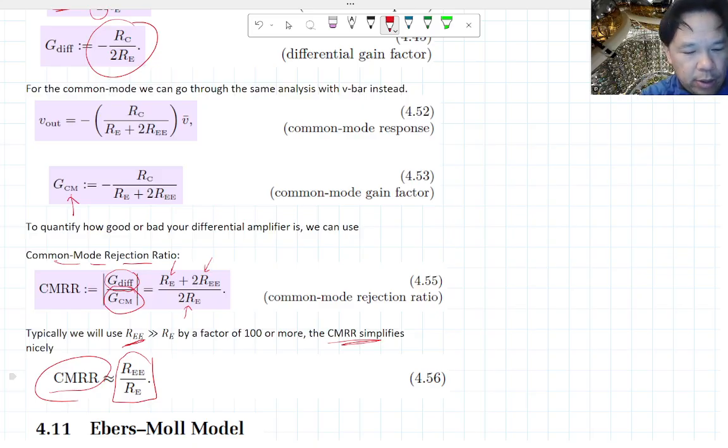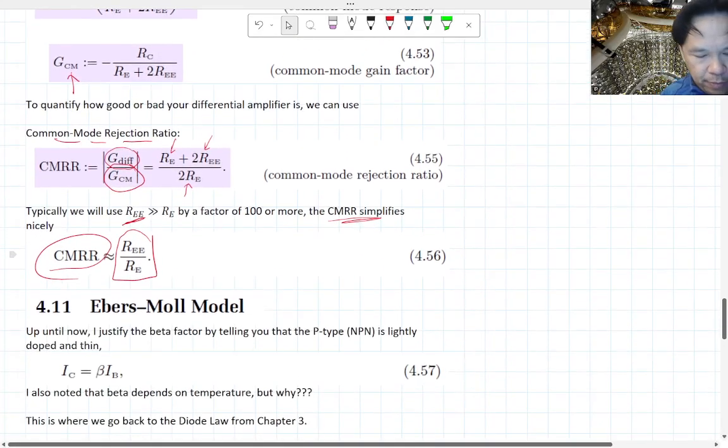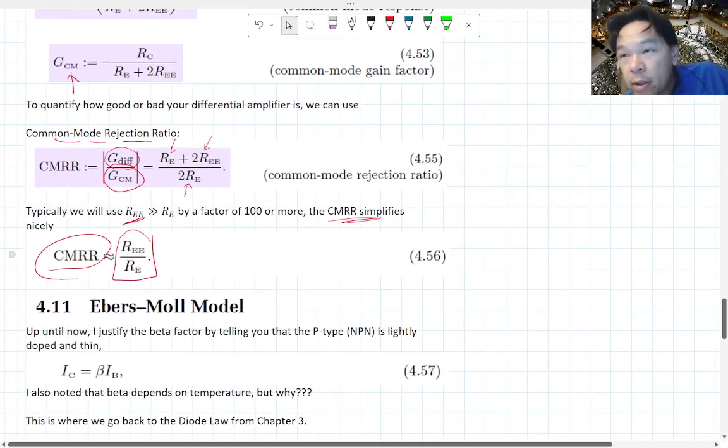So the bigger that number is, the better it is at differentiating common mode signal and rejecting the common mode signal noise.